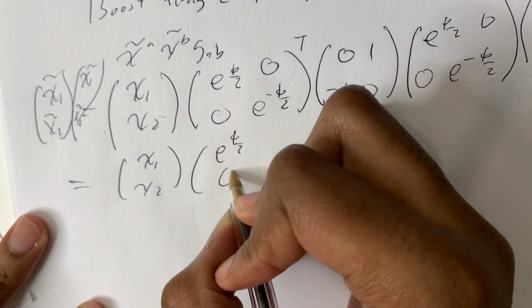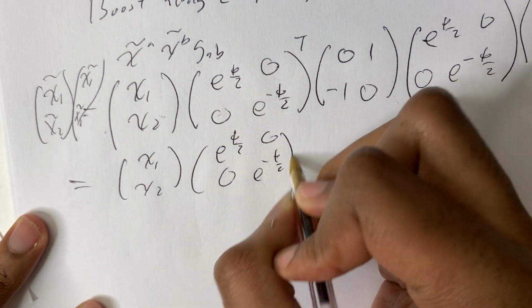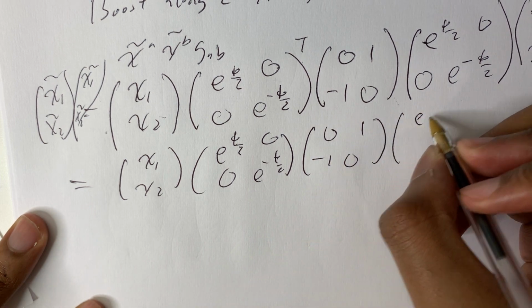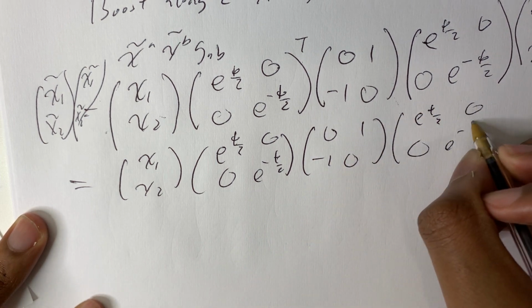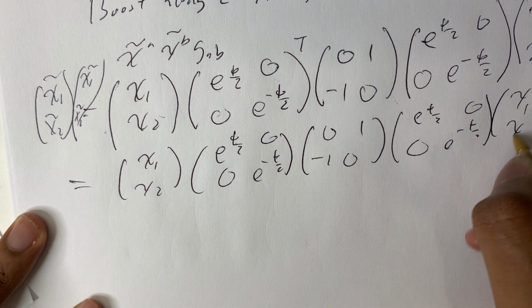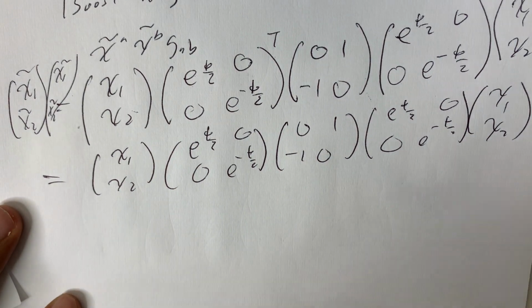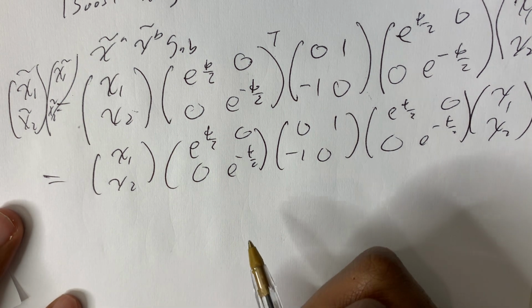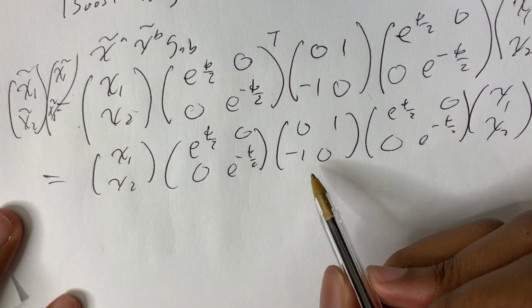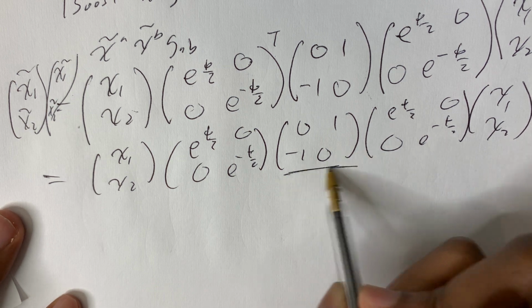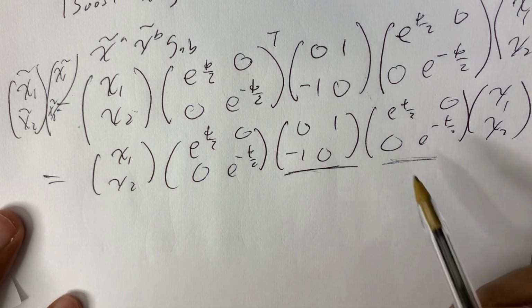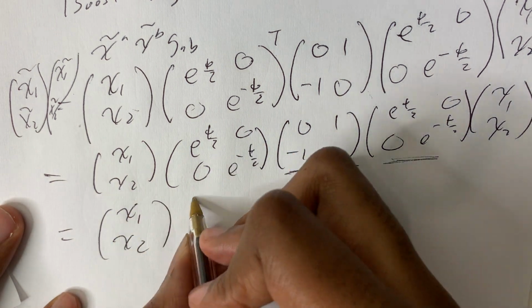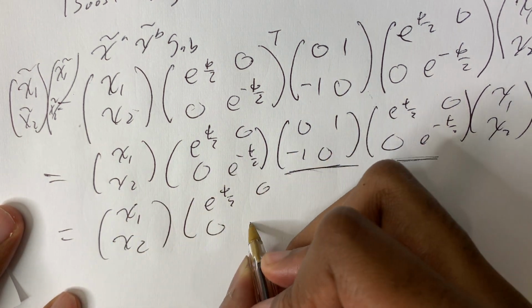So e to the phi over 2, 0, 0, e to minus phi over 2, 0, 1, minus 1, 0, e to the phi over 2, 0, 0, e to minus phi over 2, chi 1, chi 2. Alrighty. And now what do we do? Well, now we get to multiply this by this guy over here to get chi 1, chi 2, e to the phi over 2, 0, 0, e to minus phi over 2.